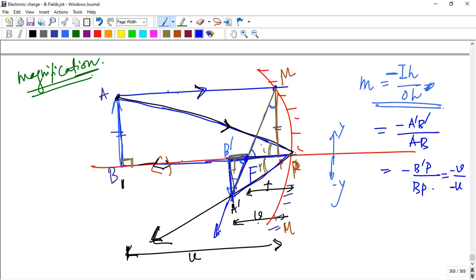So we get the final expression: magnification is minus image height by object height, and another formula, magnification is minus v by minus u. So the minus signs cancel, that is v by u. These are the magnification formulas.